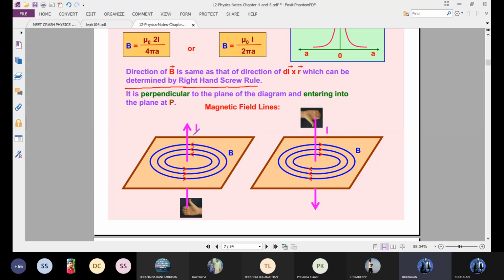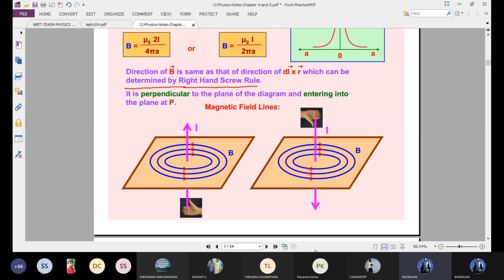So now, the first one and the second one are there. If the current is perpendicular to the plane of the diagram and entering into the plane, using the right hand thumb rule, the magnetic field direction is anti-clockwise. Like this, up to down, the current passing in the downward direction, refer to the arrow mark.